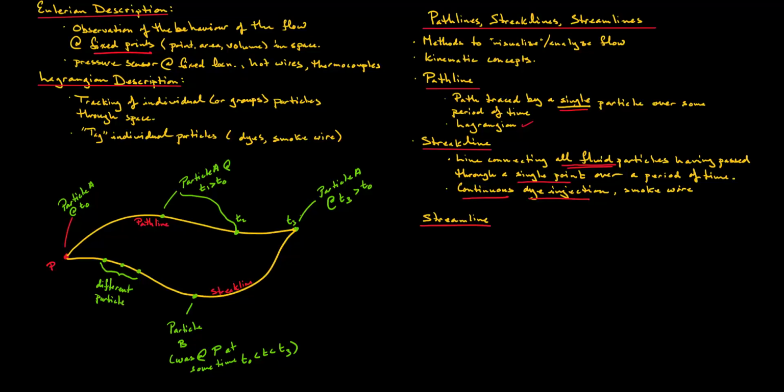So, the streamline is a line that is tangent to the local velocity field everywhere along its length. And again, because the velocity field can evolve with time, we should say that this is at an instant in time.